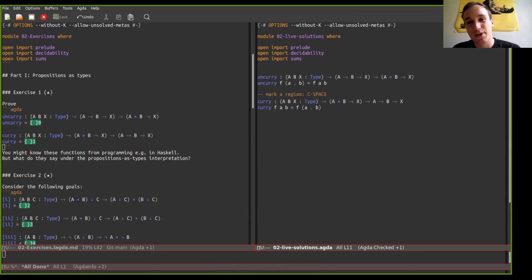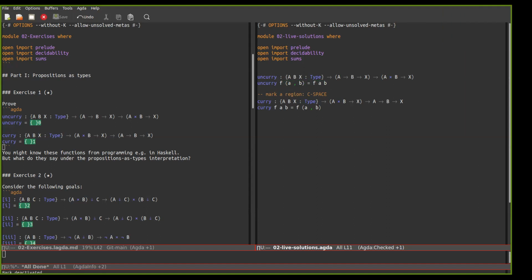This way of writing is maybe a bit unfamiliar for those with a math background. They would probably write something like f parentheses a comma b, if a function takes two arguments. But the more type theoretic way gets rid of a lot of parentheses and just writes them in sequence.